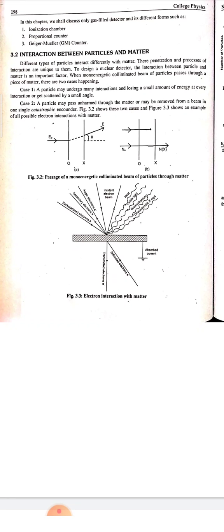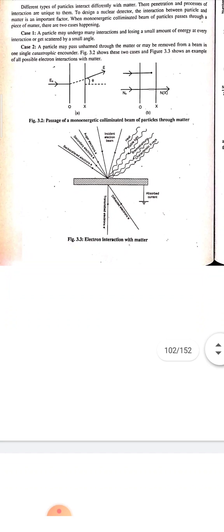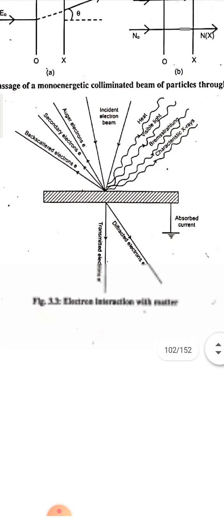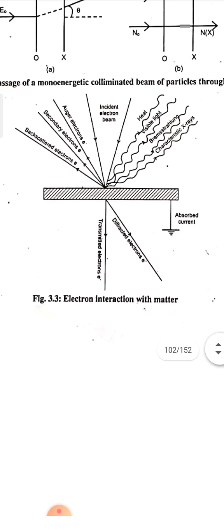These two cases, and the figure shows an example of all possible electron interactions with the matter. Here you can see the electron interaction with the matter. Here the incident beam is incident on the surface. At that time there will be Auger electron, secondary electron, and backscattered electron formation.